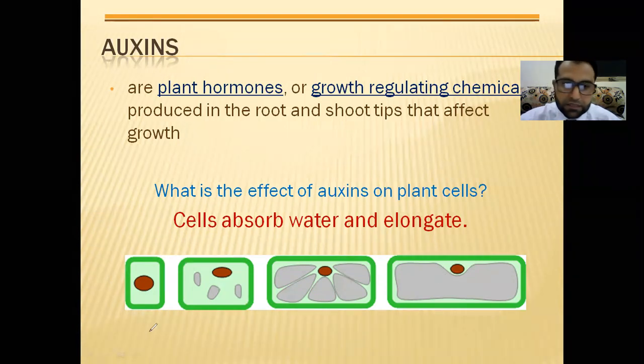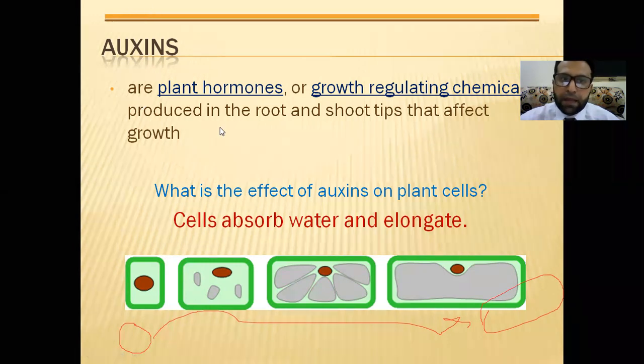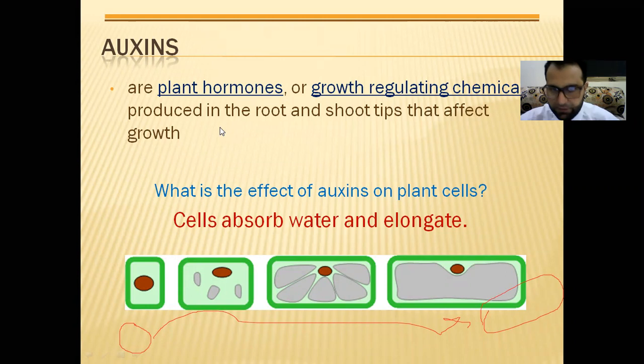You can see here the size of the cell is small while this cell is elongated. Why did it elongate? Because of absorption of more water. So this is the effect of auxin on the cell. Because of that, that part of the plant will grow more compared to another part having no auxin, right?